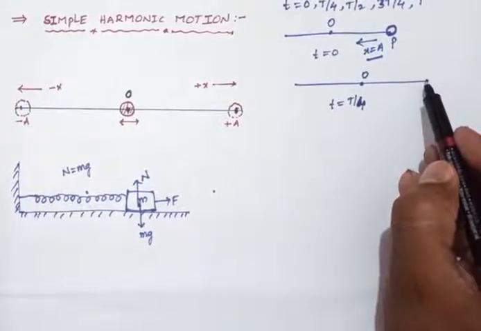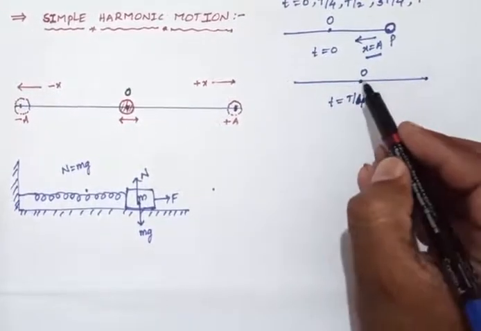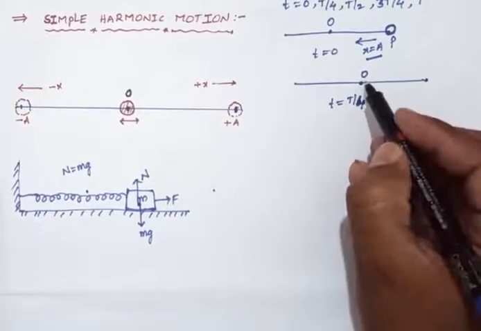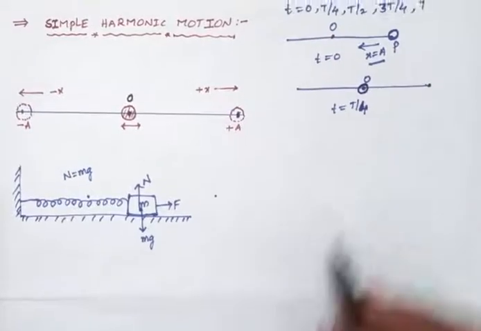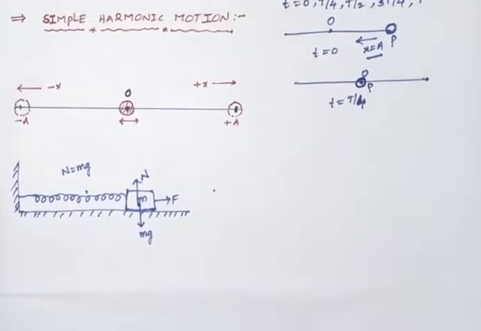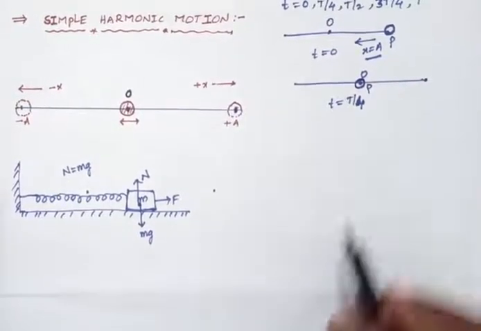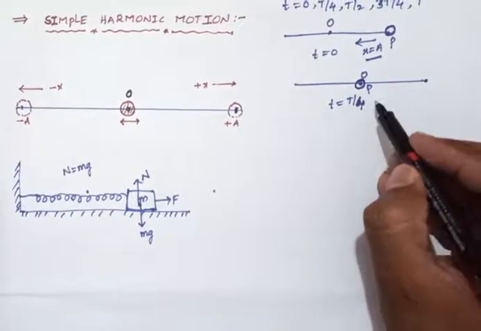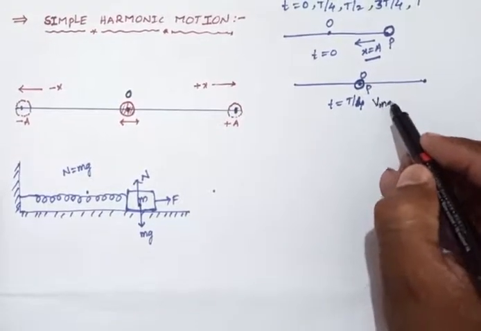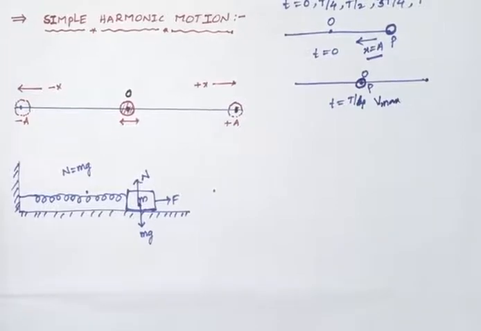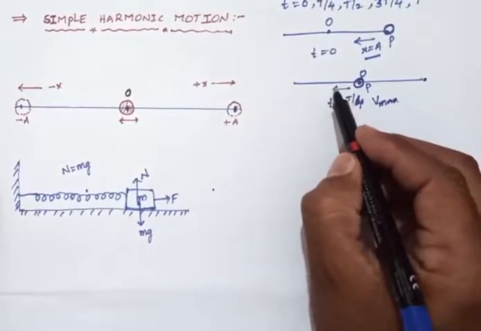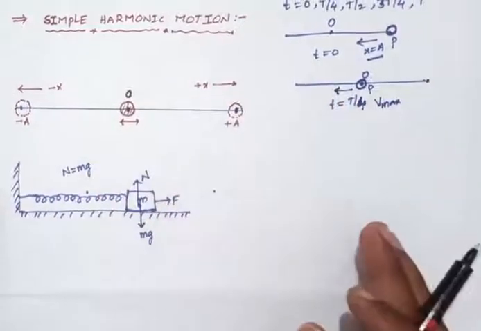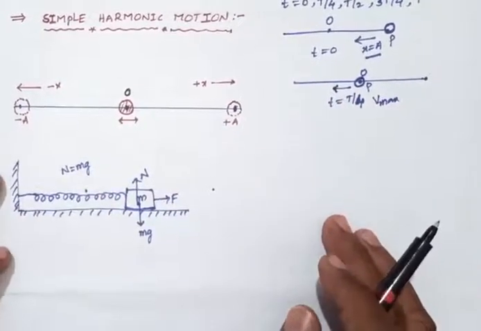So at t equals T by 4, the point P is at the O position. At the O position it has maximum velocity, and again it moves in the left side direction.